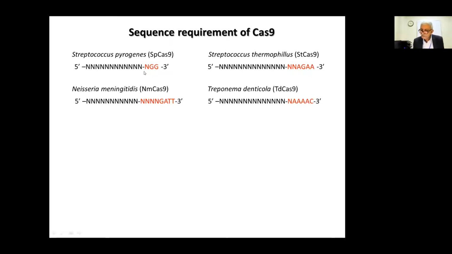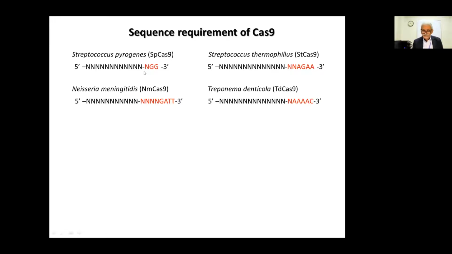Now you remember that Cas9 does not mean it's a single enzyme and it's identical for every organism. It's different from different microorganisms. And because it is different from different microorganisms, it has a different PAM site as well.